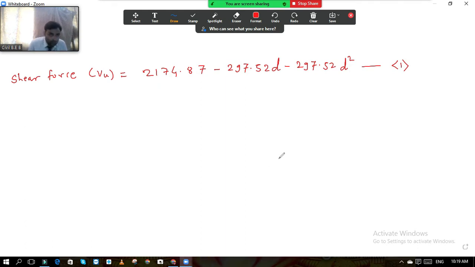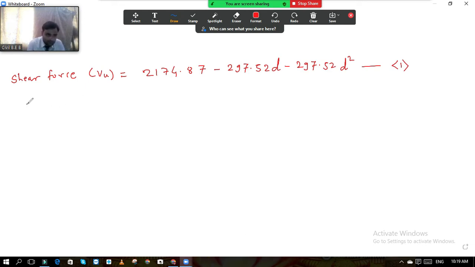Now some of the shear force is resisted by concrete. For shear force we provide stirrups to resist it, but some of the shear force is resisted by the concrete and the remaining is resisted by those stirrups. So this is the total shear force equation. Now out of this we will find the shear resisted by the concrete.